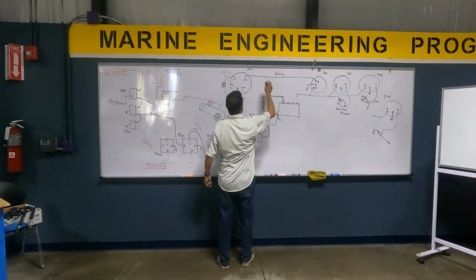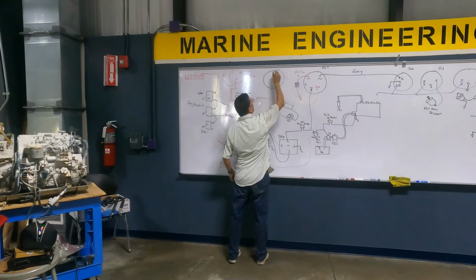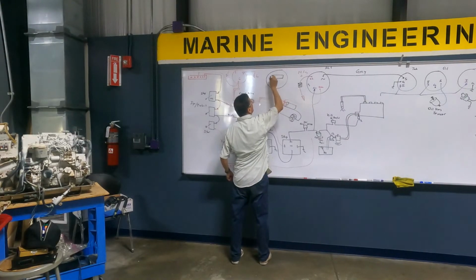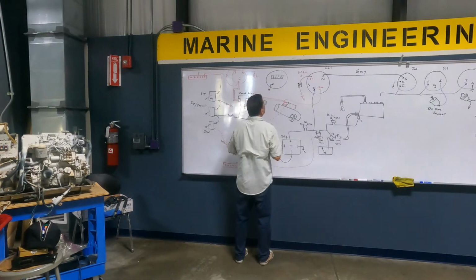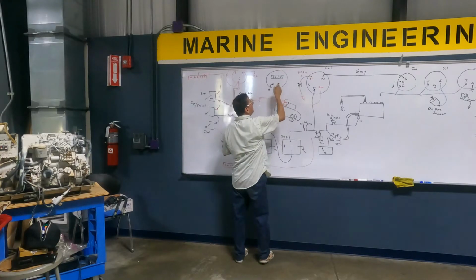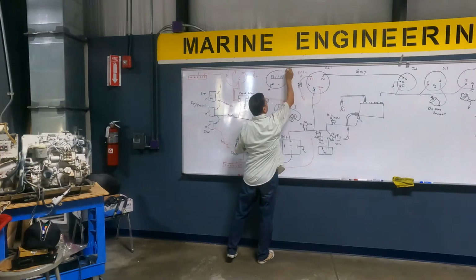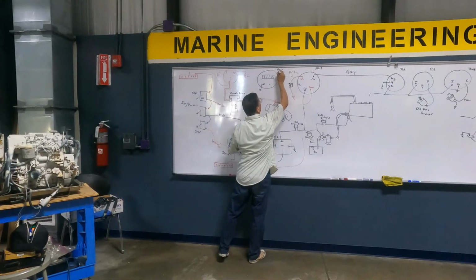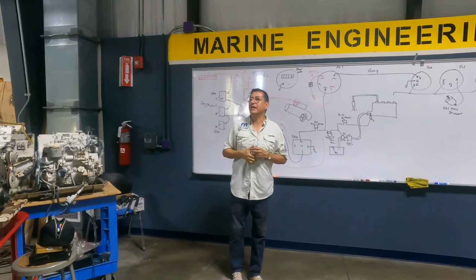I am going to connect another gauge. Here is the hour meter. One terminal is negative, and the other terminal is positive. Where does the positive terminal for the hour meter come from? The alternator, from the positive of the alternator.